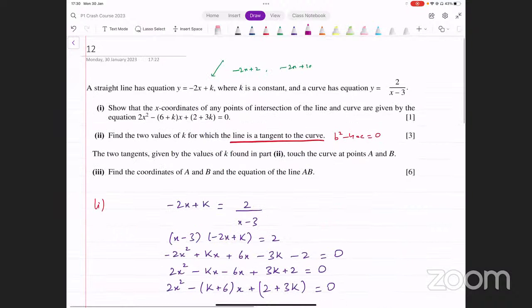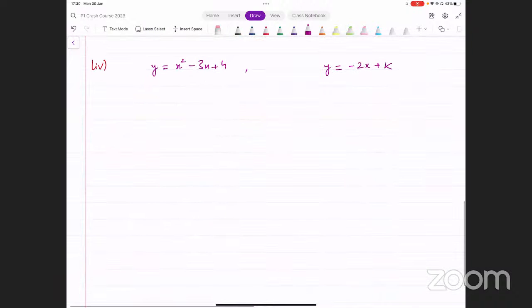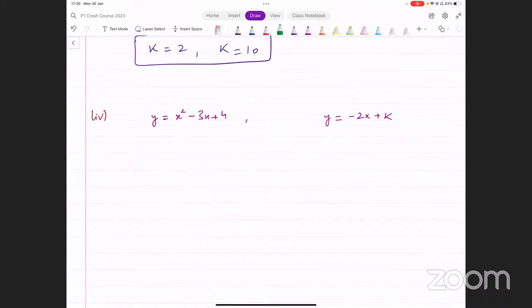So that's what you have. We've got two values of k: one is k equals 2 and the other is k equals 10. So we're getting two different tangents from this. One of them is y equals minus 2x plus 2 and the other is y equals minus 2x plus 10.